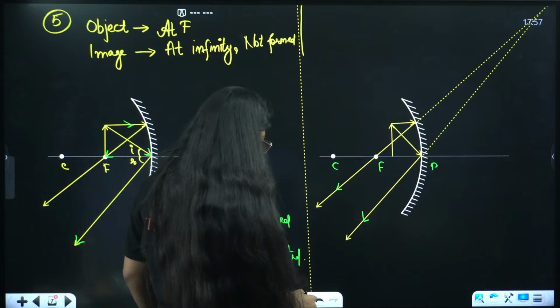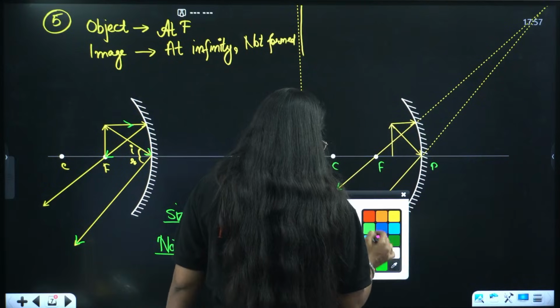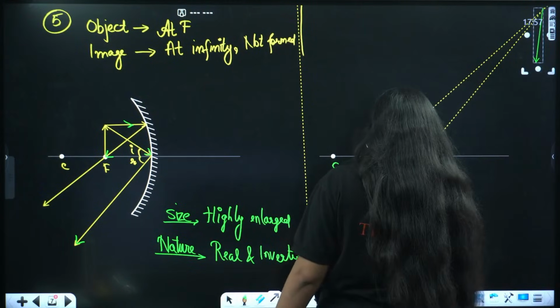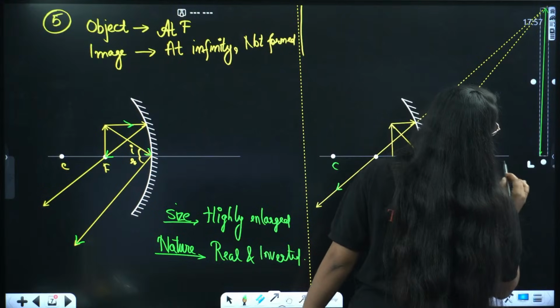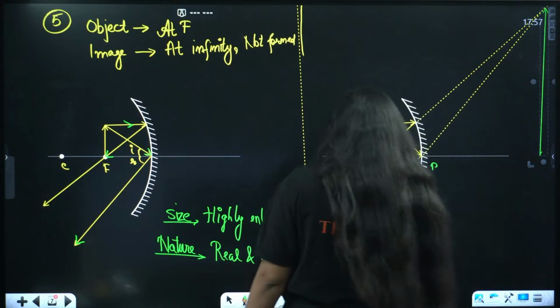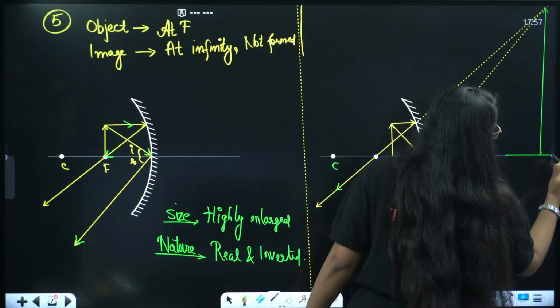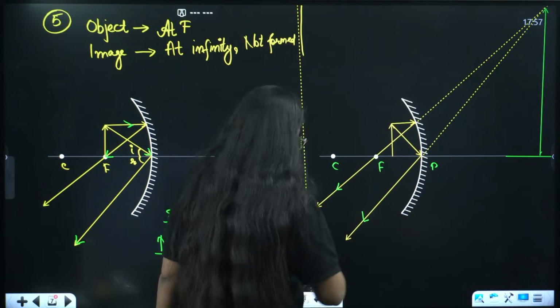So this will now be my image. Done? It will be behind the mirror. This is my principal axis. This will be my image.